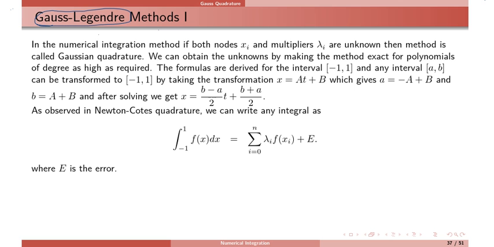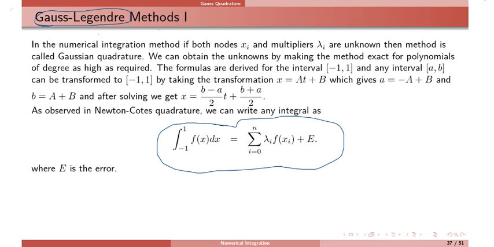We write the integral into some form, and if you remember, the basic trapezoidal rule was the integral from a to b of f(x) dx equal to h/2 times the function value at a plus h/2 times the function value at b. So a and b were fixed.